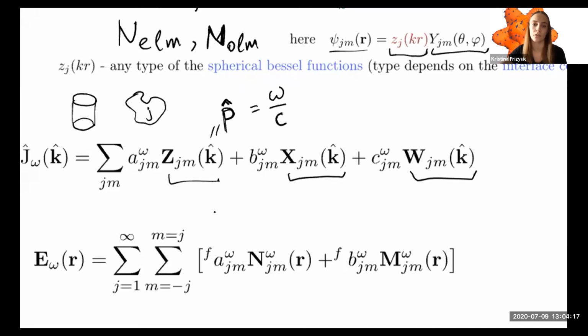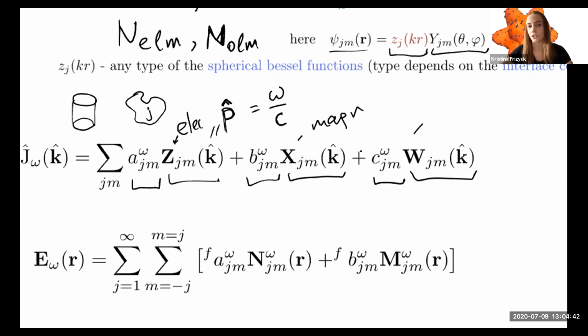You can always do this because they are basis functions, and you know these coefficients somehow. I would like to remind you that this one is electric, this is magnetic, and this is the longitudinal one.